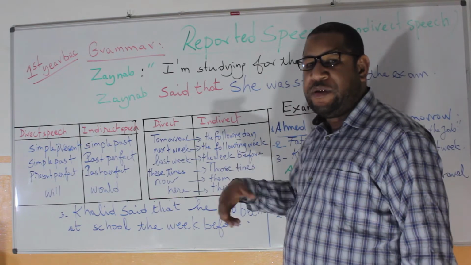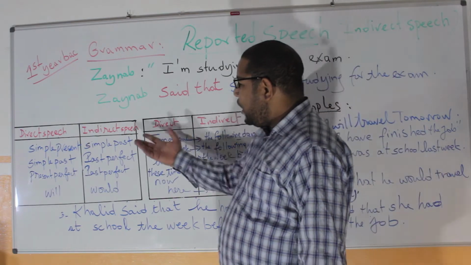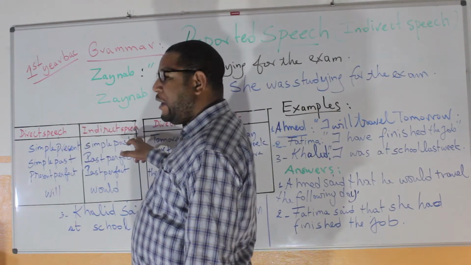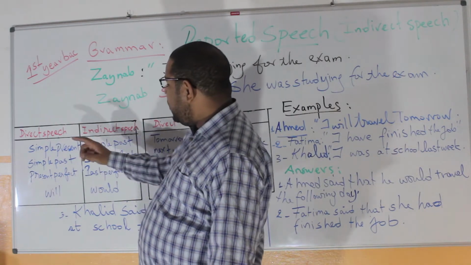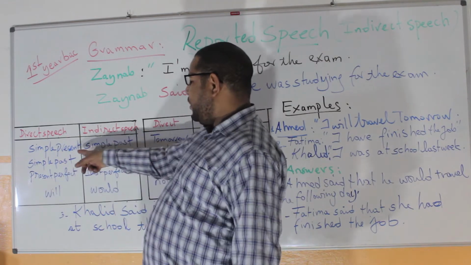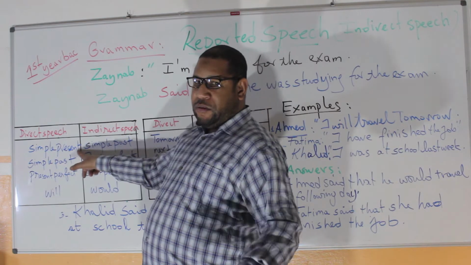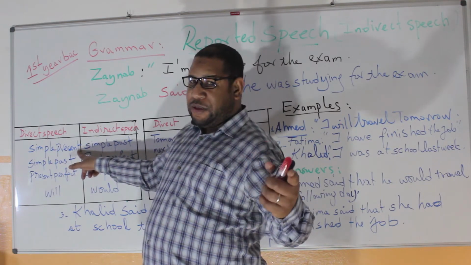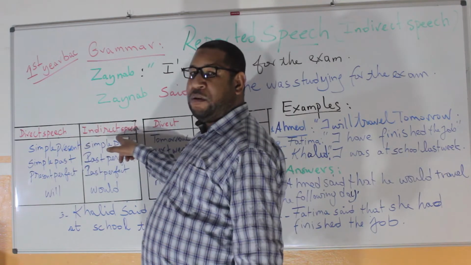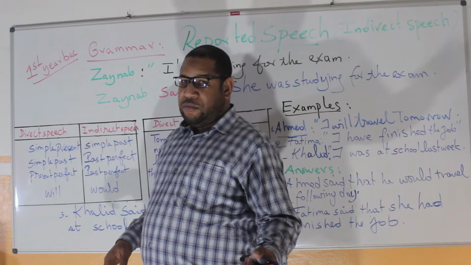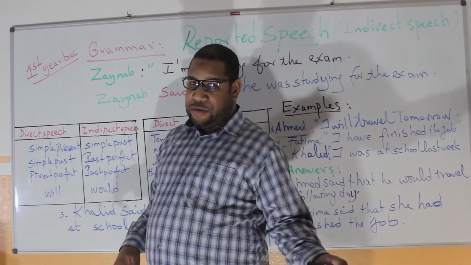We have other changes. We are going to see them. Now, these are the changes that happen, between direct speech and indirect speech. If the direct speech is in the simple present, we change it to the simple past when we report it. For example, I am becomes was.